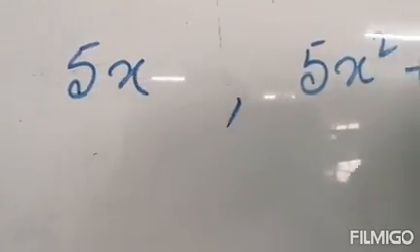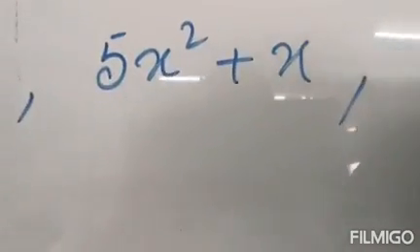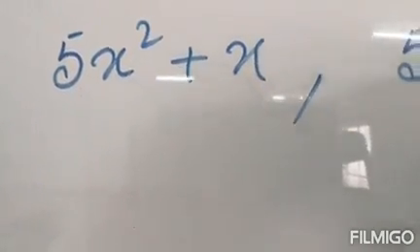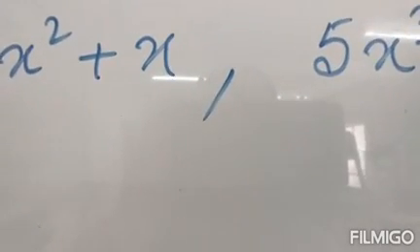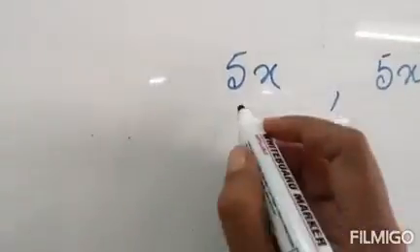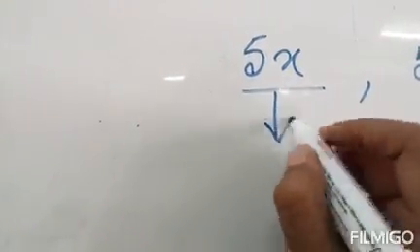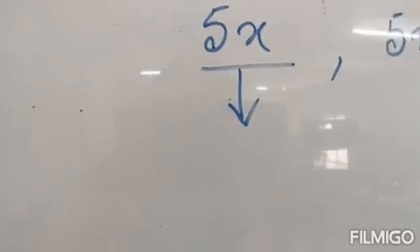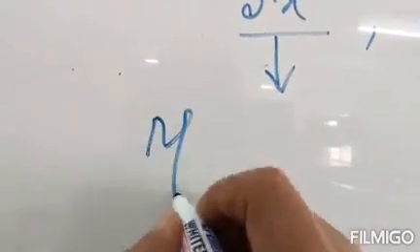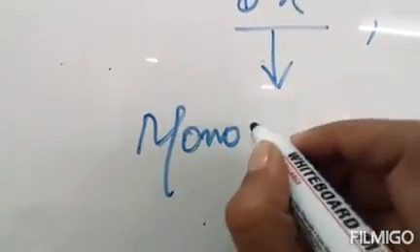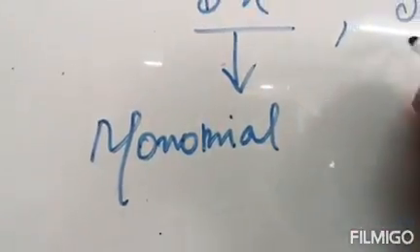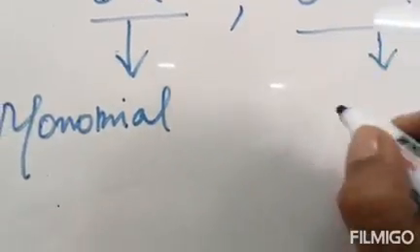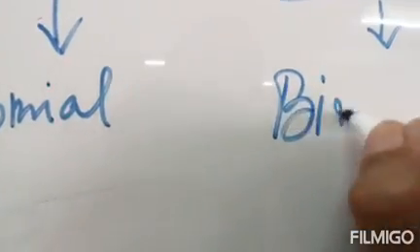Now suppose let me write few polynomials like 5x, 5x square plus x, 5x cube plus 2x square plus 2. Now see, this is having only a single term. A single term polynomial is known as monomial. Mono means single, and which has two terms are known as binomials.